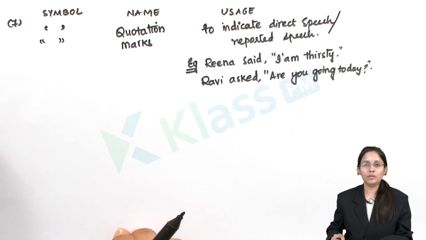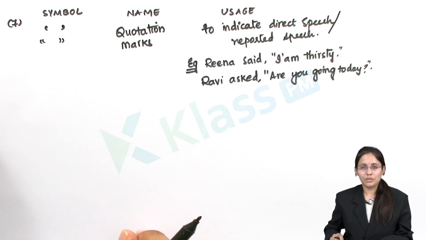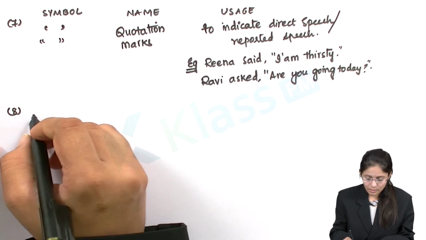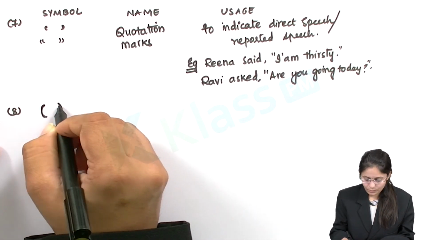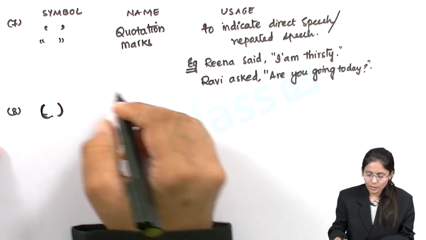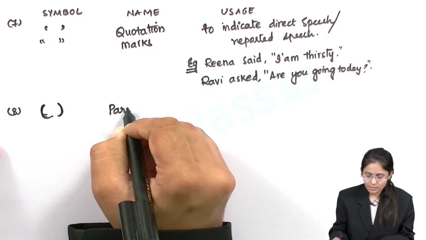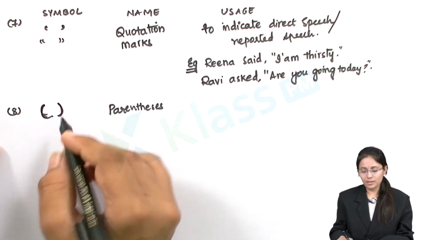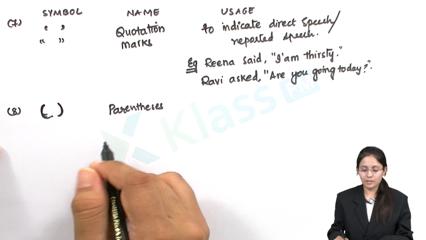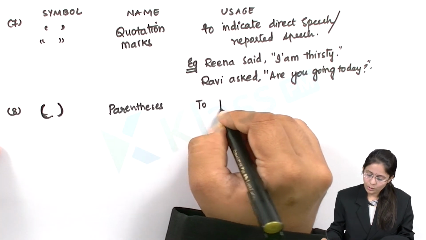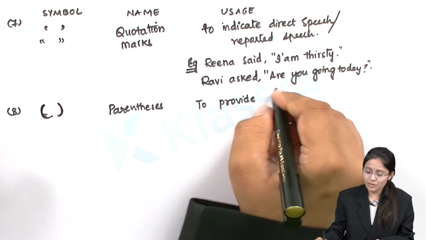Now let us proceed to the eighth punctuation mark. The eighth punctuation mark is the open and close bracket, a set of brackets, open and close. Okay, so these are called parentheses. This set of brackets is known as parentheses, and these are used to provide extra information in a sentence.